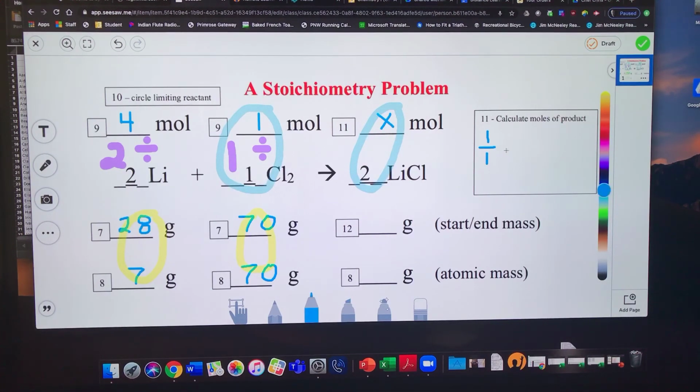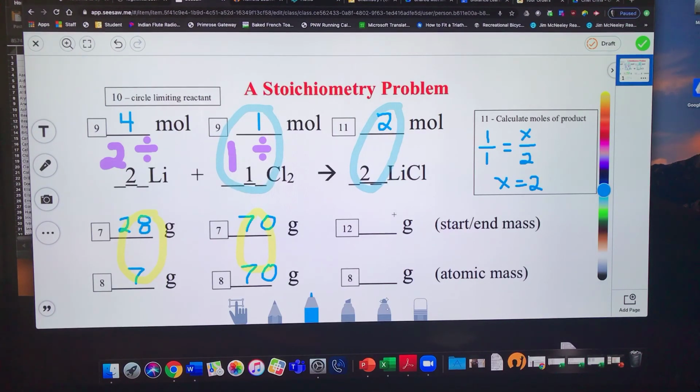So I'm going to do equals x divided by 2, because that's what that says. And now I'm just going to cross multiply and divide, and I can see that x equals 2. So I'm going to get rid of my x and write in the number, which is 2.